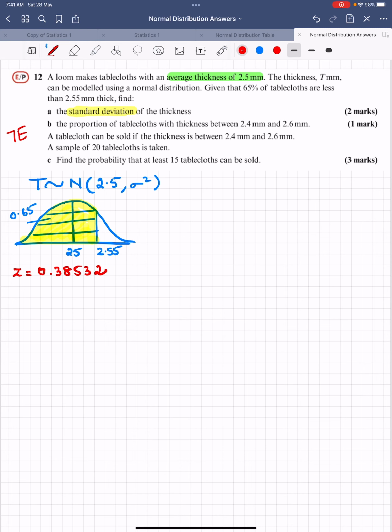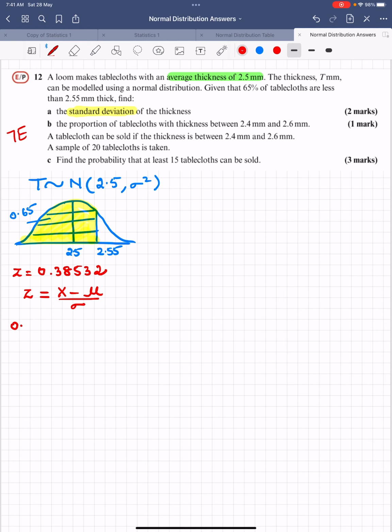Since I already have the z value, I can find the standard deviation. There is the formula that connects z value to standard deviation. Z value is equal to observed value minus the mean divided by the standard deviation.